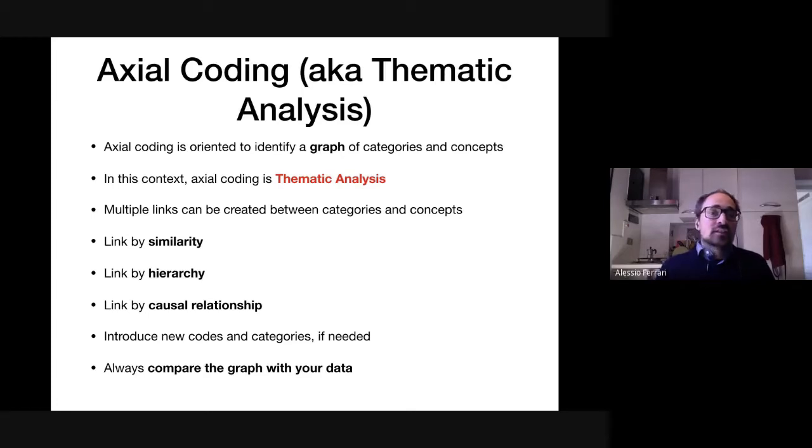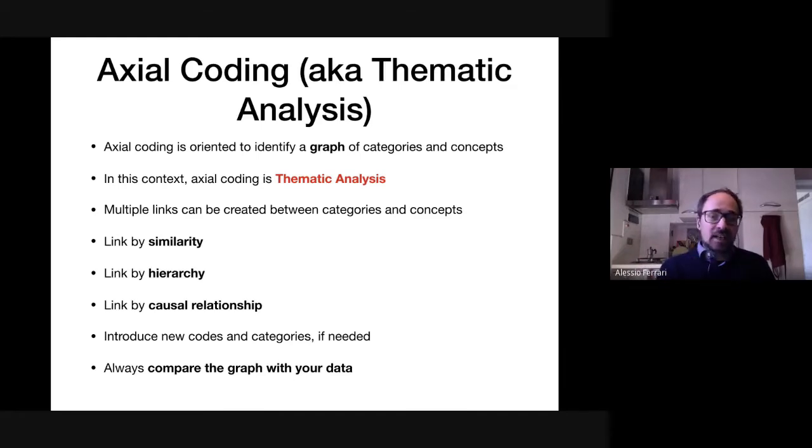Of course, we can have different types of links between categories and concepts. So category is higher level, concepts lower level. They can be linked by similarity, similar concepts, or opposite concepts like engagement and torment, for example.